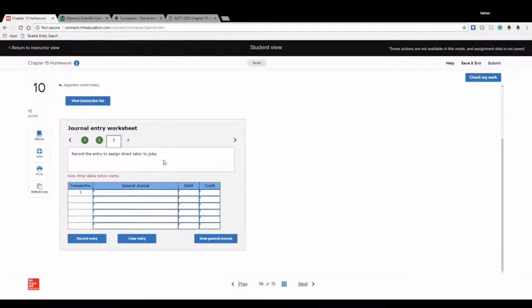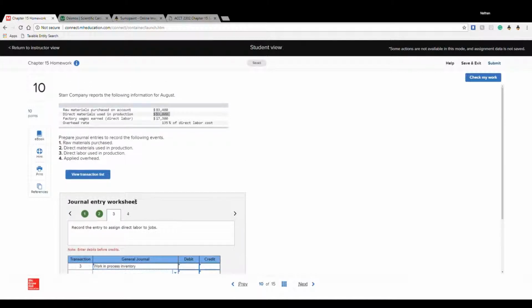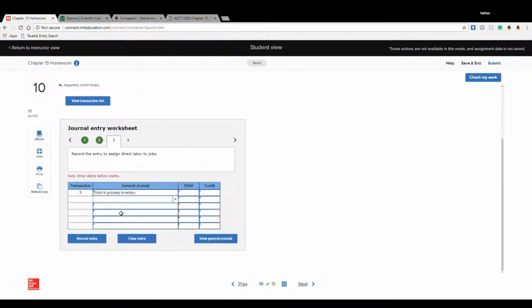Question 3. Now we assign the direct labor. We already know that has to be work in process. Let's see if they paid in cash. No, it just looks like factory wages earned. So I don't see anything that's actually saying cash.